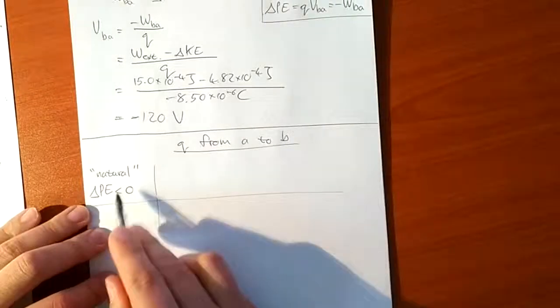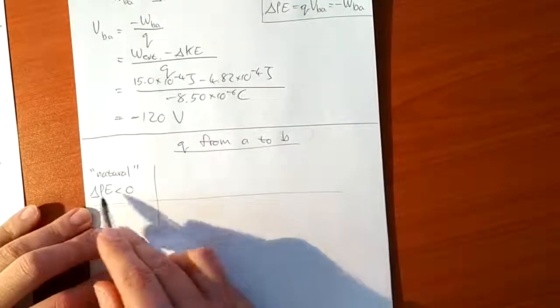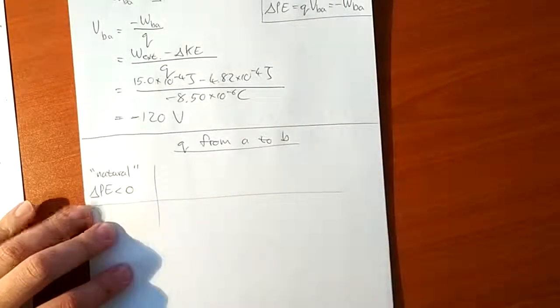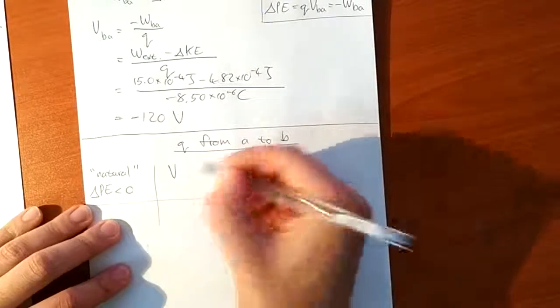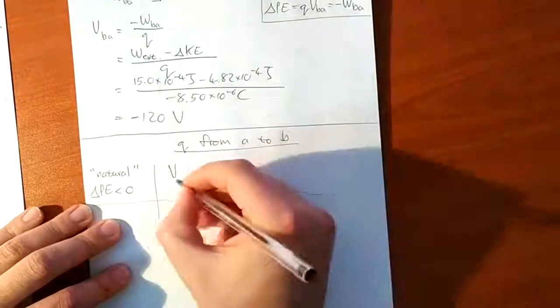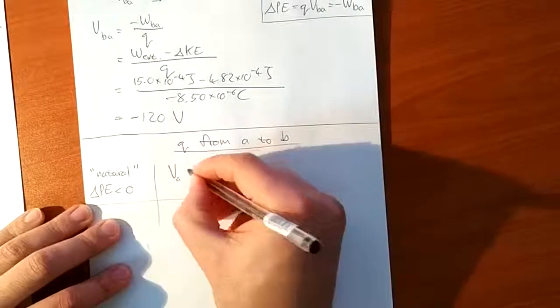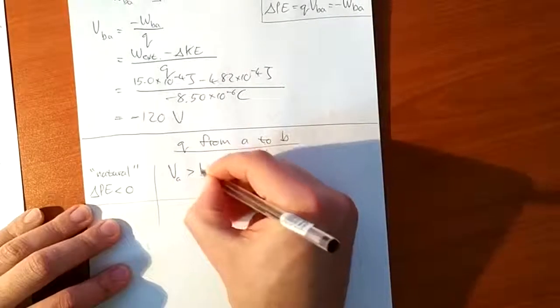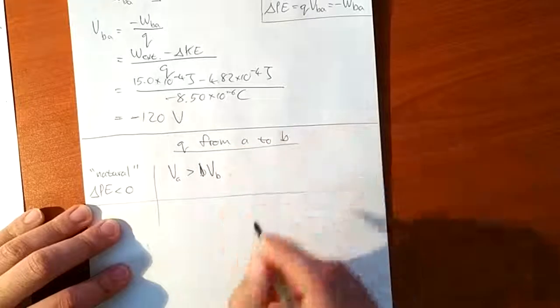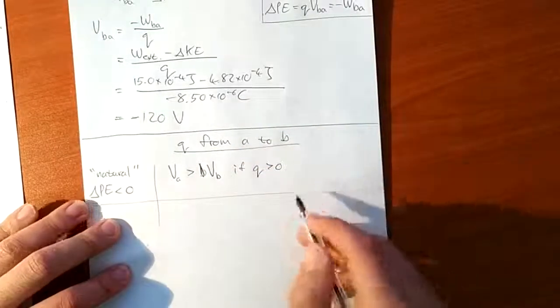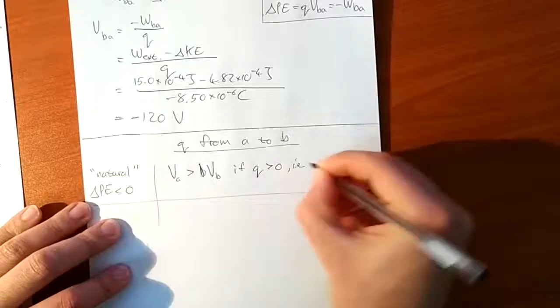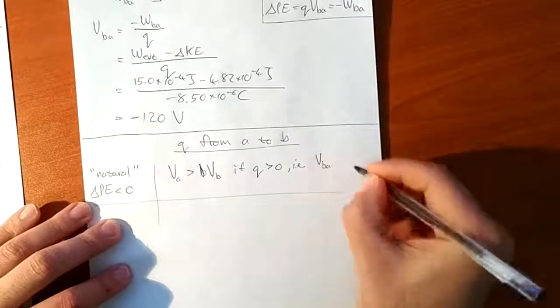so if it's going in the natural direction, which means the change in potential energy is negative, then let's do a positive charge first. If it's a positive charge, then it goes from higher potential to lower potential. This is if Q is positive, that is VBA, which is the difference between the two.